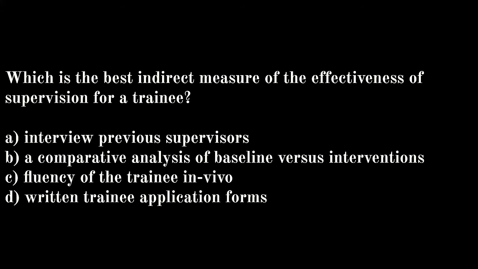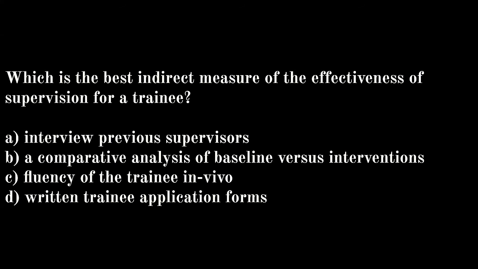C, fluency of the trainee. If some of you said that, I agree that would be a great thing to observe in your supervisee trainee in real life. But that's a direct measure, which I think is better than an indirect measure, but that's not what we're asked. That's the key there. It's not C, even though that's a better answer. How weird is that?